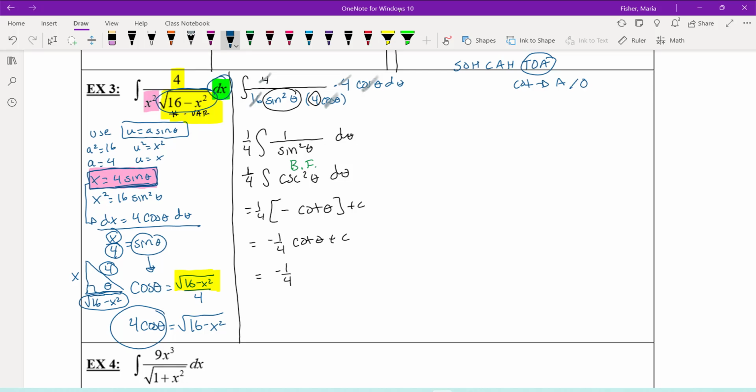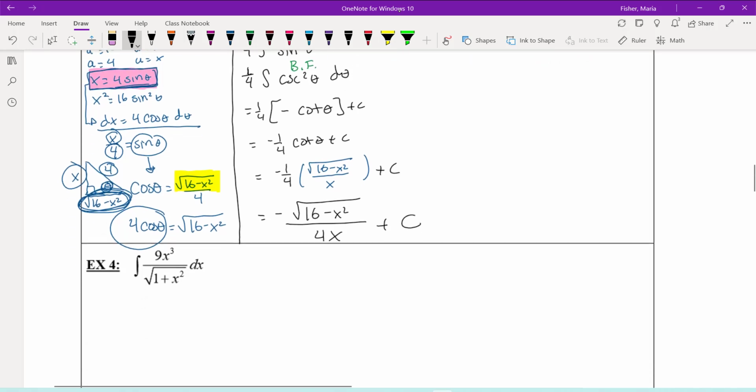Coming over to the triangle, if this is theta, the adjacent side is the square root of 16 minus x squared, and the opposite side is x, so it's over x, and then plus C. Finally, distribute here. We have the negative of the square root of 16 minus x squared all over 4x plus C.